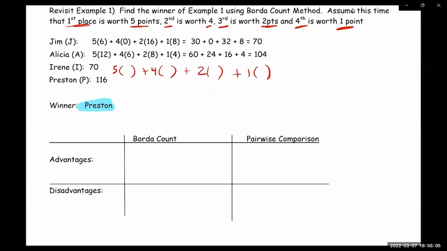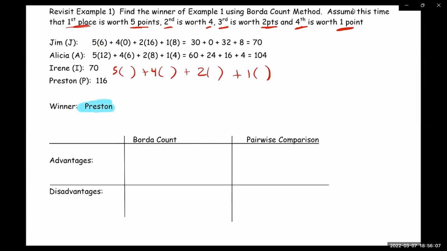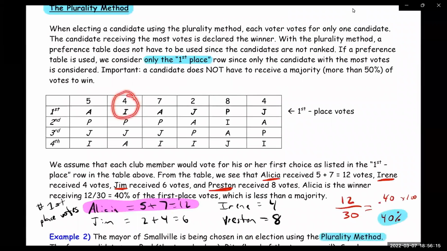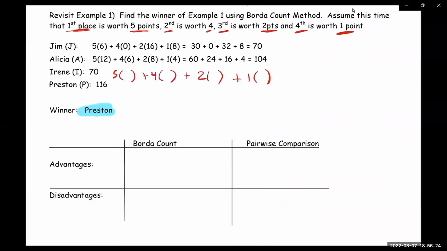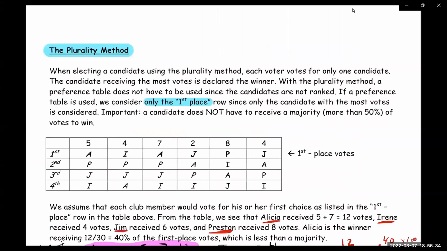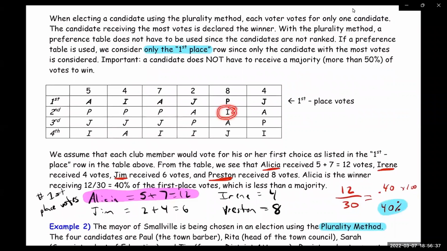All right. Let's just do Irene to see if we get 70. So how many first place votes did Irene get? Just 4, right? It looks like she got 4 points. How many second place votes did Irene get? Looks like she got 8.